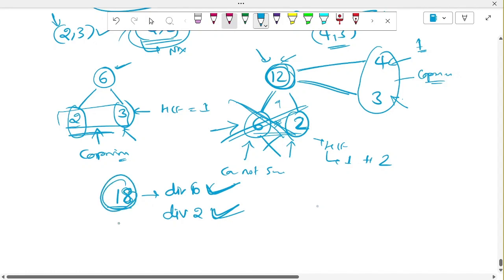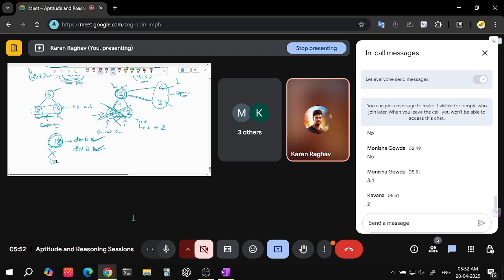But this number is not divisible by 12. I hope you got this concept. For checking divisibility by any number, you need to have co-prime numbers so that the rule is applicable. You cannot check divisibility by 12 using 6 and 2 because they are not co-prime numbers.